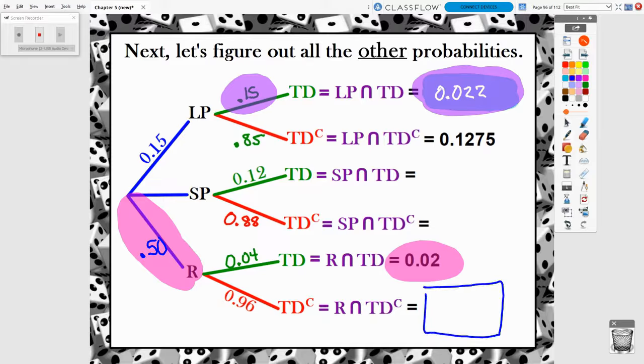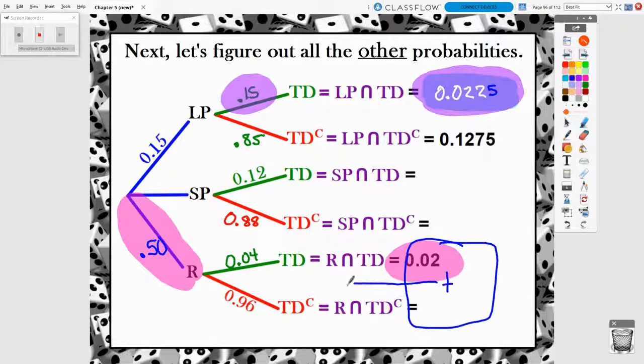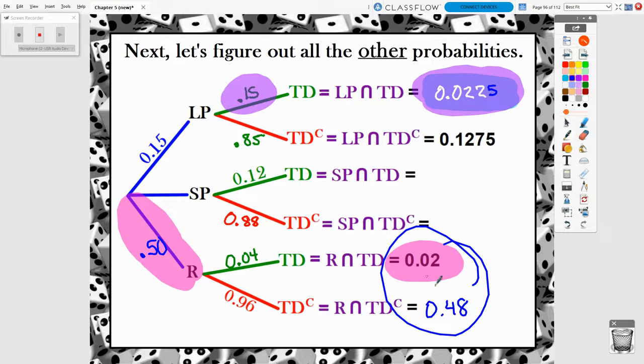Now, to get this probability, I'm going to use that piece of information I told you up here earlier about the 0.05, I left a 5 off. There we go. Is that these two probabilities must add together to be the overall probability of running the ball. So if 2% of the time they run the ball and score a touchdown, then that means that 48% of the time they're going to run the ball and not score a touchdown.